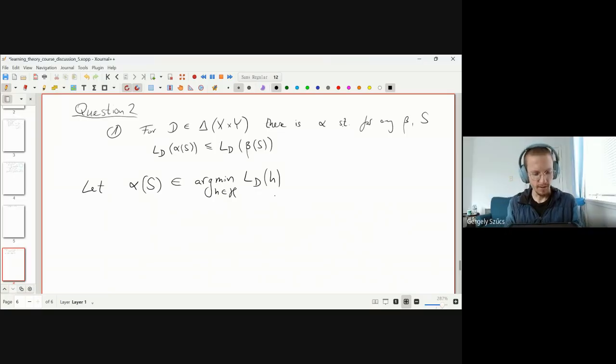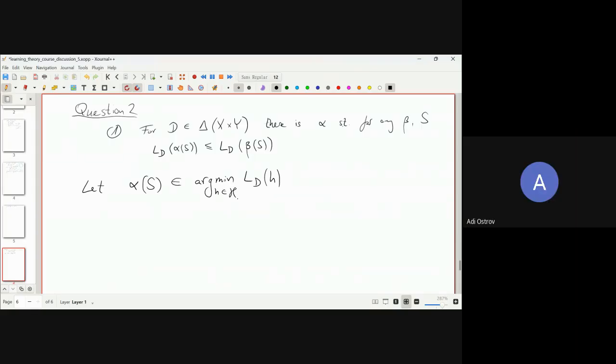Right, so here this argmin might not exist. If you assume X is finite, then the hypothesis class is also finite, so this argmin always exists.